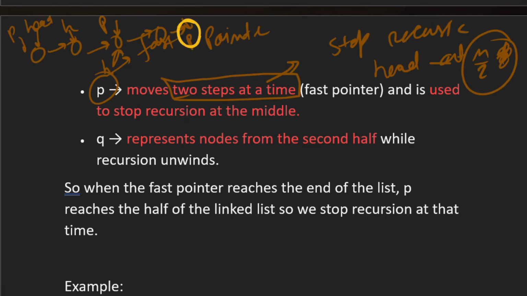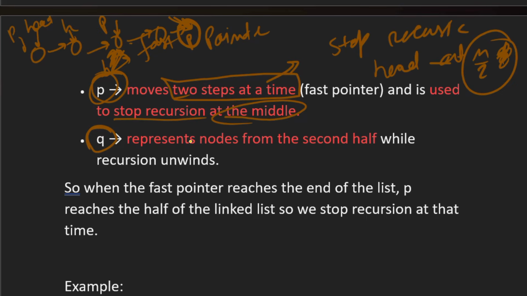Once P points at the null pointer, at that time we stop. So this P pointer, which is a fast pointer, is used to stop the recursion at the middle of the linked list.